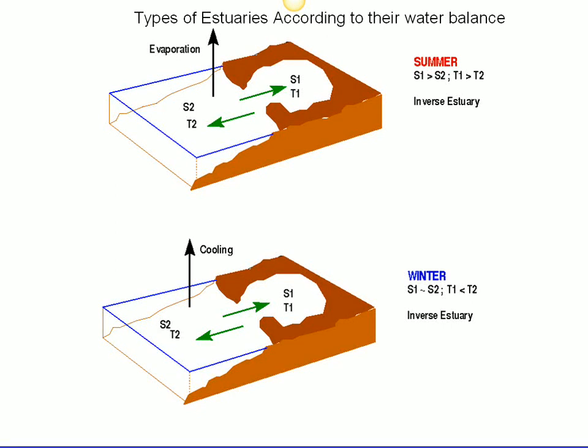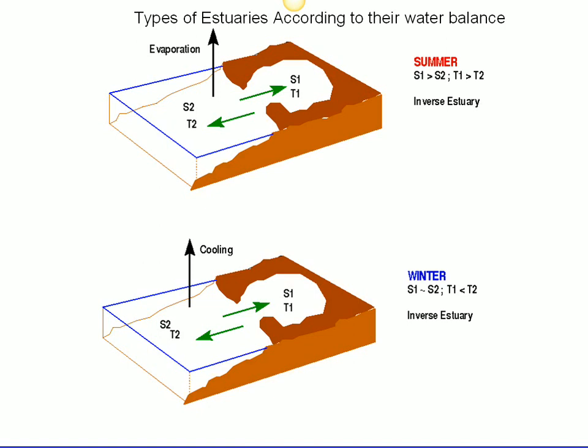But lower latitude estuaries, where underdeveloped nations are found typically, there's less research going on there. So we know much less about tropical and subtropical estuaries than temperate estuaries. So we can classify estuaries in a different way by looking at their water balance.